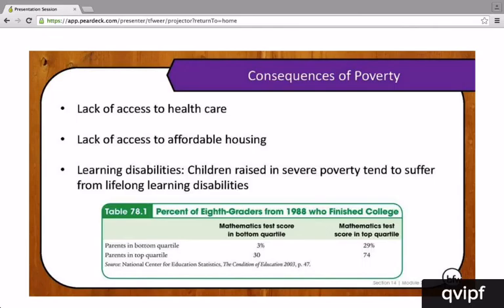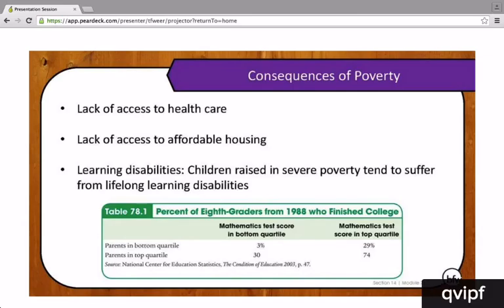And while there are examples of people that have done that, the overall trend is that many, many of them do not escape poverty. You can see here in this table the percent of 8th graders from 1988 who finished college. If their parents were in the bottom fifth of income earners, you can see that their math test score, 3% of them were in the bottom quartile. 30% of 8th graders who finished college had parents in the top quartile.